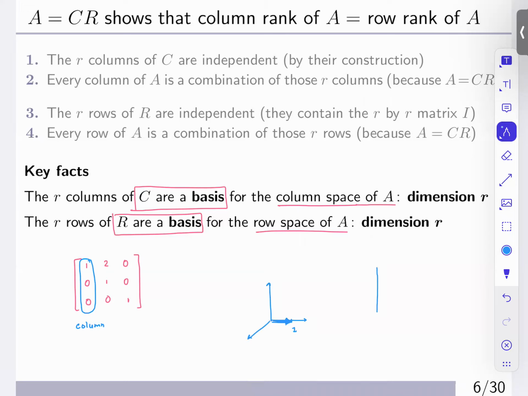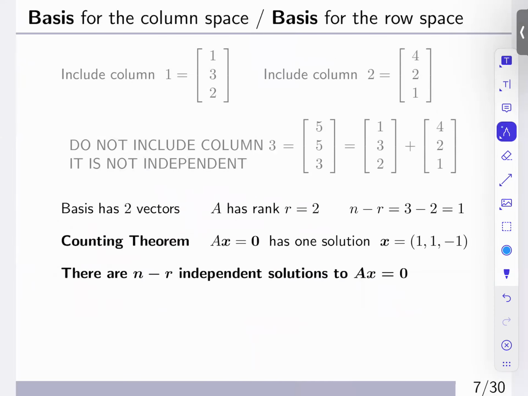If I want to plot the row space, I'm going to focus on 1, 2, 0. This is going to be 1, this is going to be 2, and this is going to be 0. So this will be the row space. So this is C1 and this is R1. And we can plot these when we have a 3 by 3 matrix. As the dimension of the matrix increases to 4, 5, 6, it's difficult to plot, but the concept remains the same.